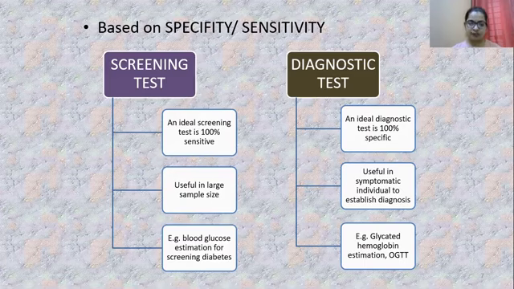For example, if I have a particular disease and I undergo any type of test which is 100% sensitive and it gives a positive result, it means it is definitely positive, it's 100% confirmed that I have that particular disease. But if it gives a negative result, then it is not 100% confirmed that I don't have the disease.